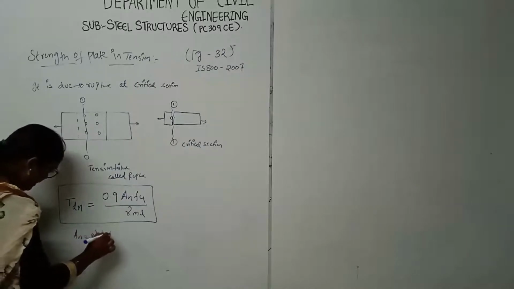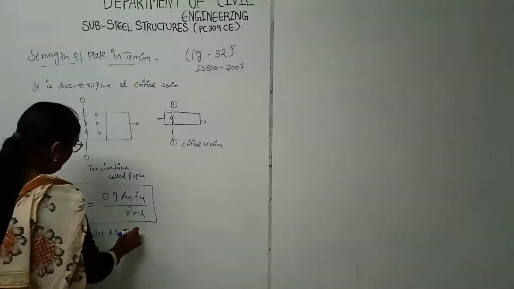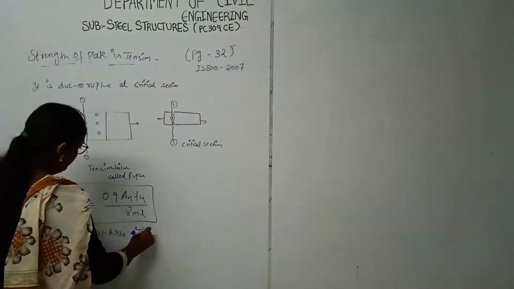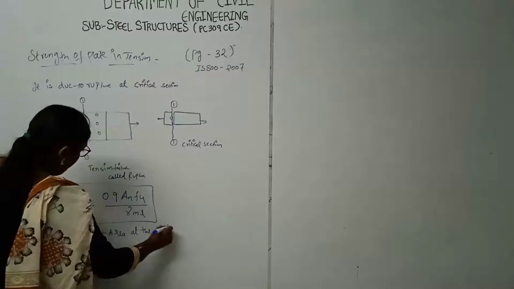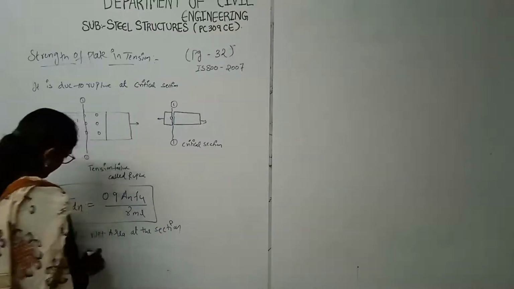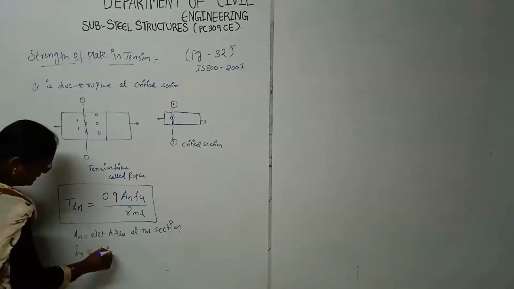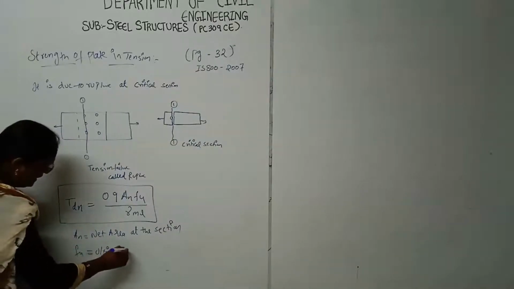Net area at the section. f_u is the ultimate tensile strength.